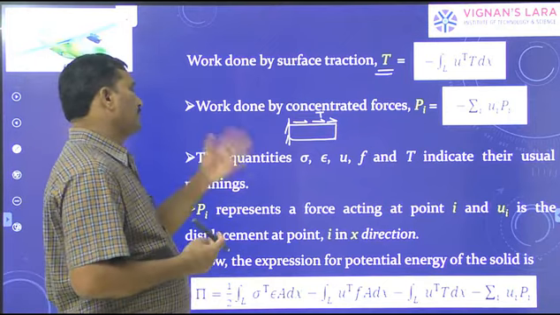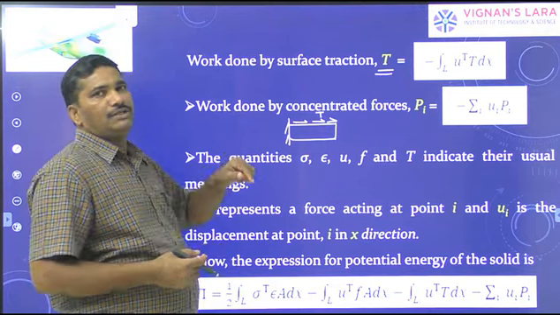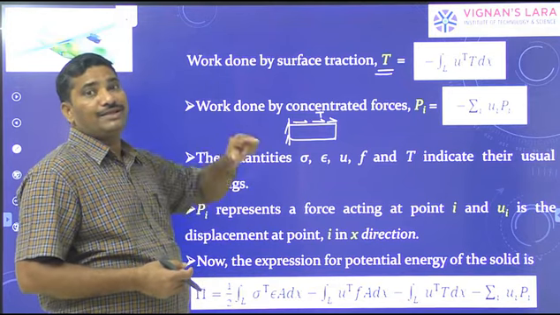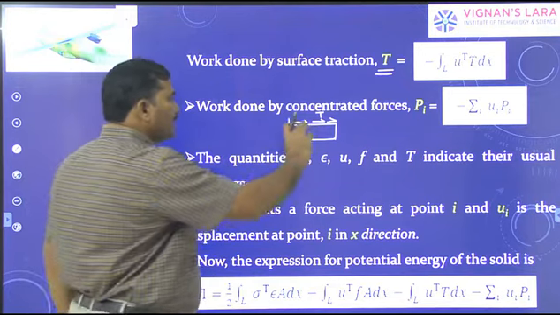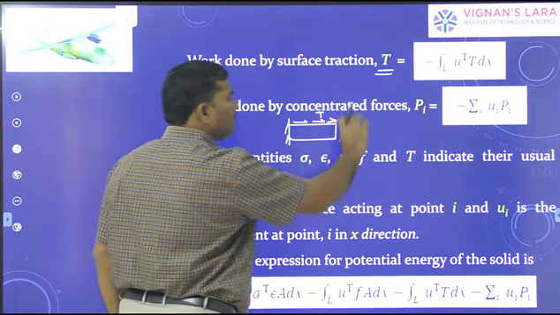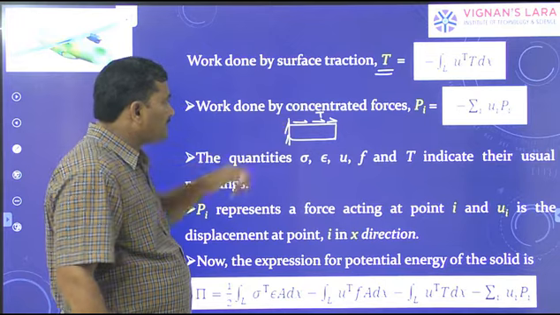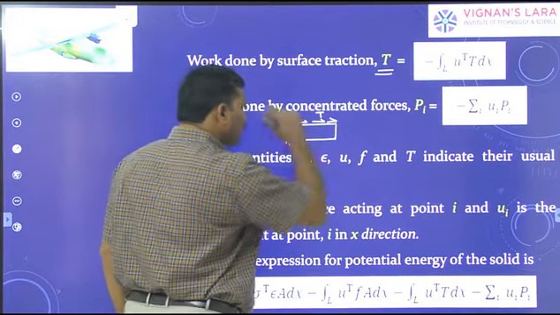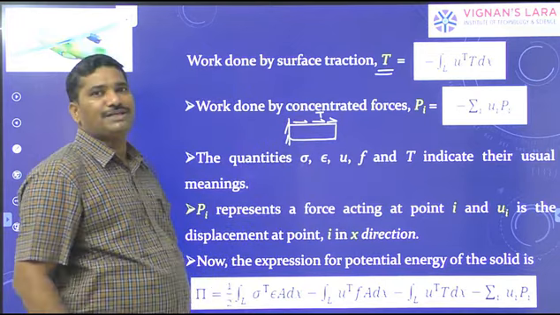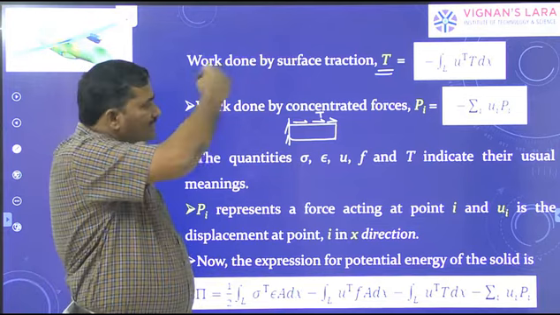So why do you take the force distributed per unit length? Because the perimeter of this member is constant everywhere. In fact, this traction is applied on the surface of the object. What is the surface area?